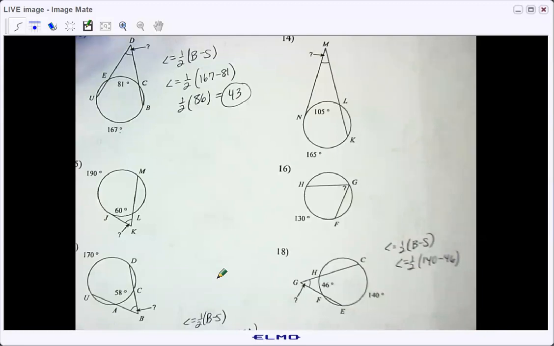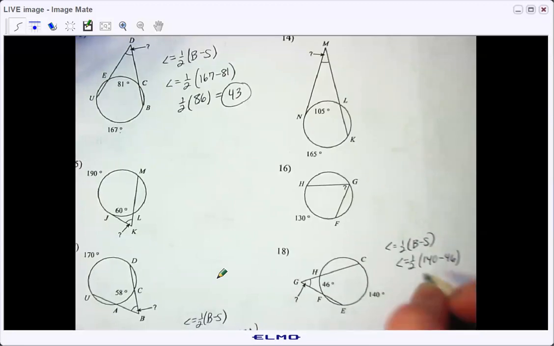Josh, I think you did 14, but that's okay. We'll do that one in a minute. We're actually doing 18. That's okay. You're good. So you're going to get 94, 1/2 of 94, which is 47.